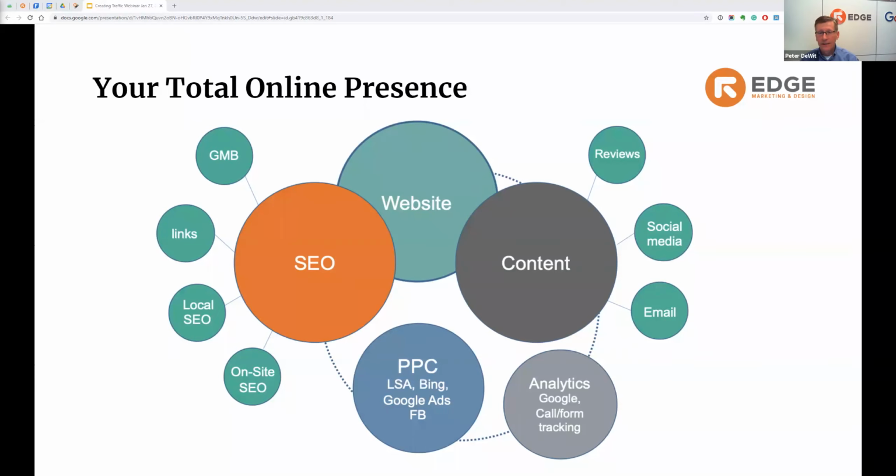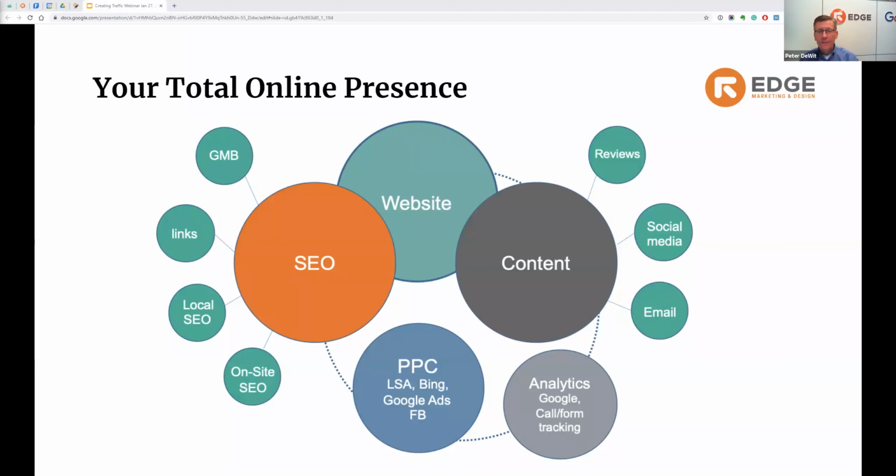Then there's the content, which over the years has become more and more important. Google is putting a lot of emphasis on quality content, and it makes a lot of sense, because when people are searching for certain information, Google wants to serve them quality information that they can actually do something with, right? So the content piece has really increased over the last couple of years. That's a really important factor in everything.